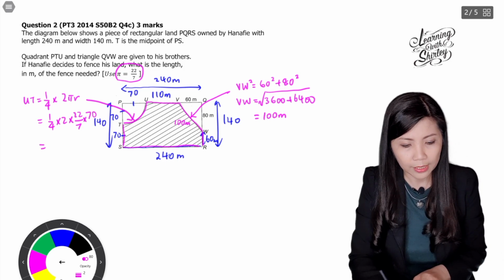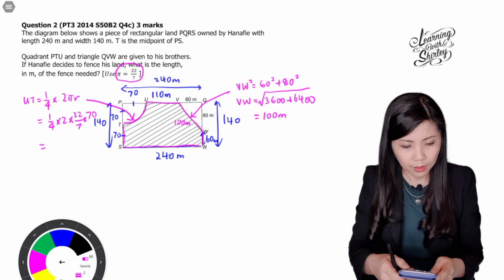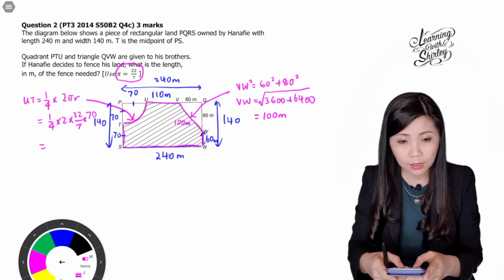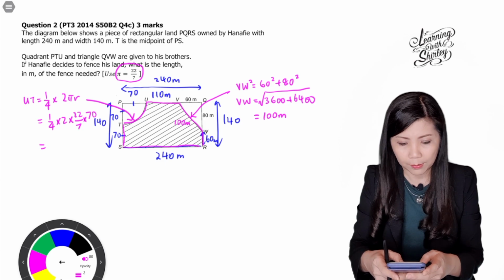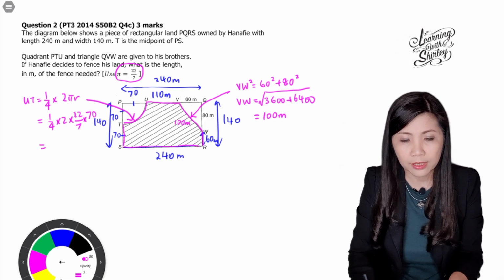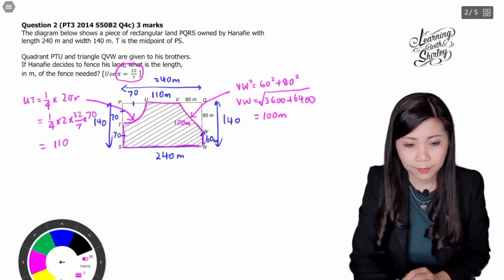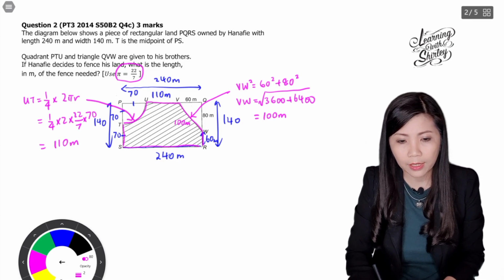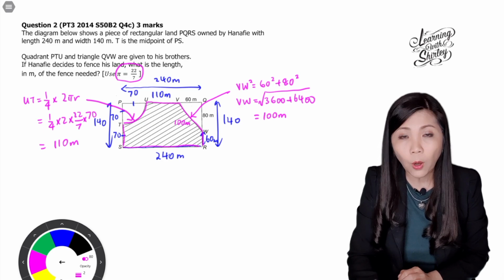Let's calculate this: 1 over 4 times 2 times 22 over 7 times 70, we get 110. So it's 110 meters.